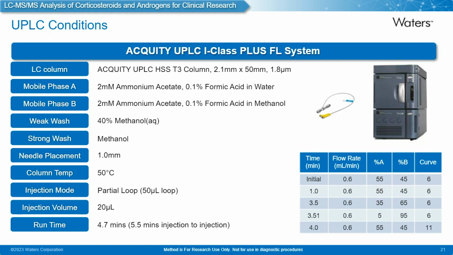We have a weak wash of 40% methanol, a strong wash of methanol, and it's a fairly basic gradient setup from 1 to 3.5 minutes. It's an increase of 20% B over that time frame. And as I said, it's 5.5 minutes injection to injection.